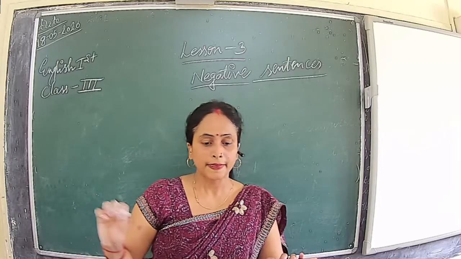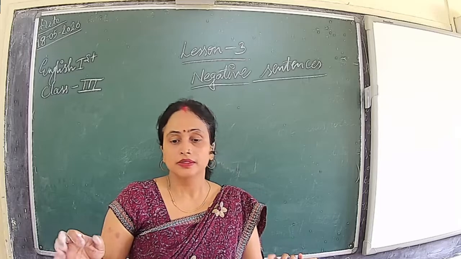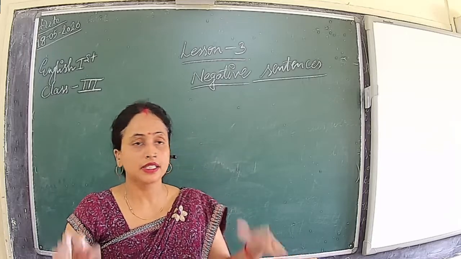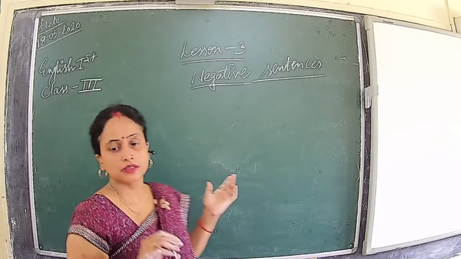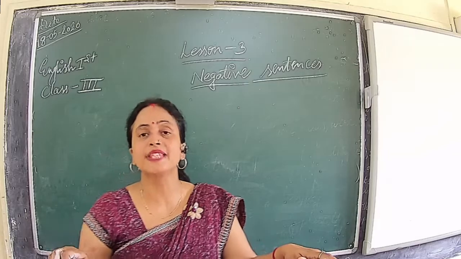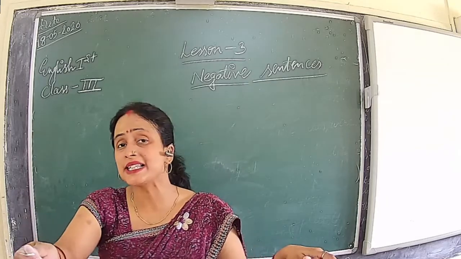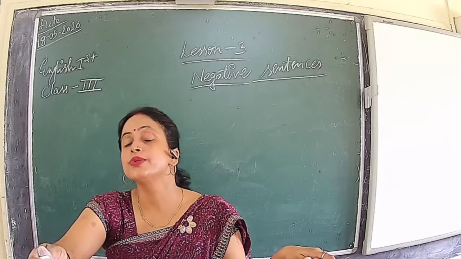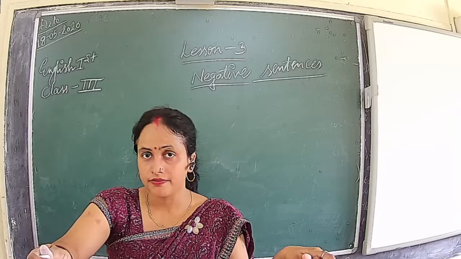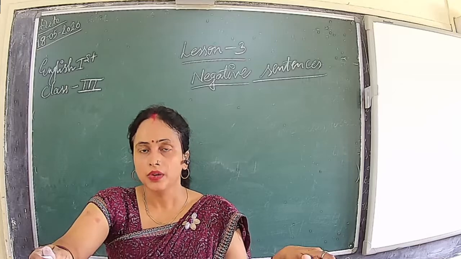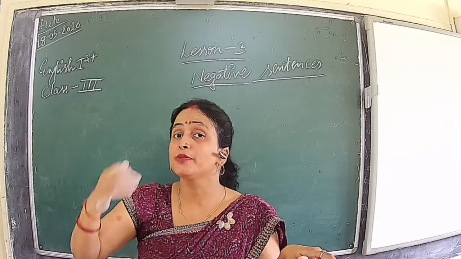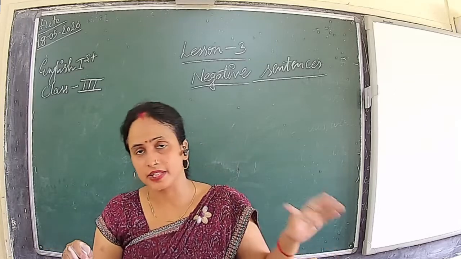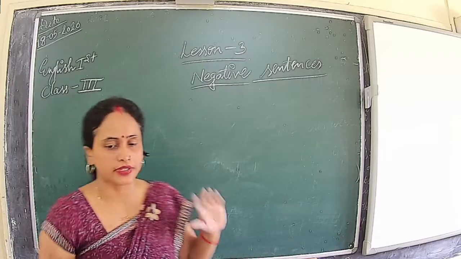Now you see, here we'll see another form of changing. Suppose the sentences are in the present simple or the past simple tense. How will we change them into the negative sentence? When the sentences are in the present simple or past simple, how will we change them?